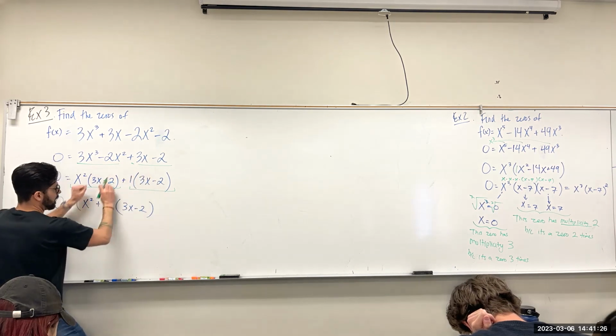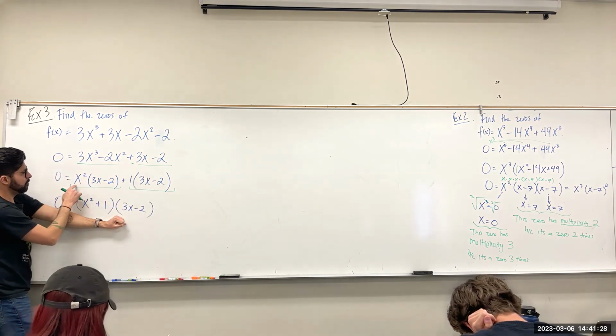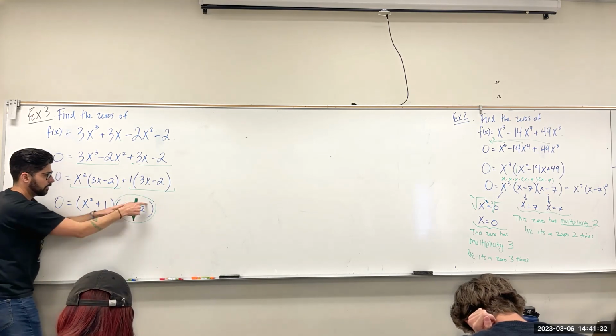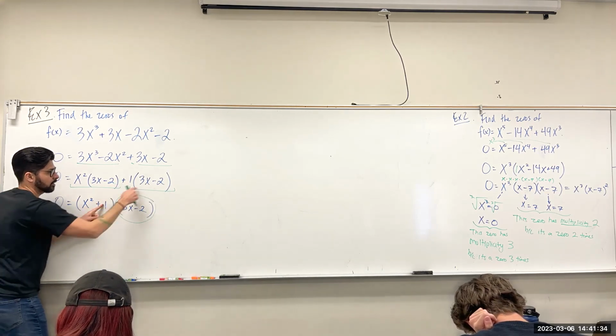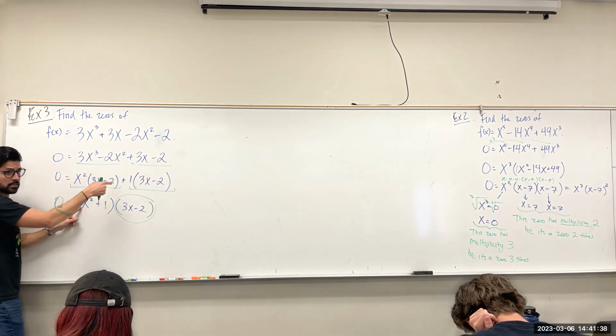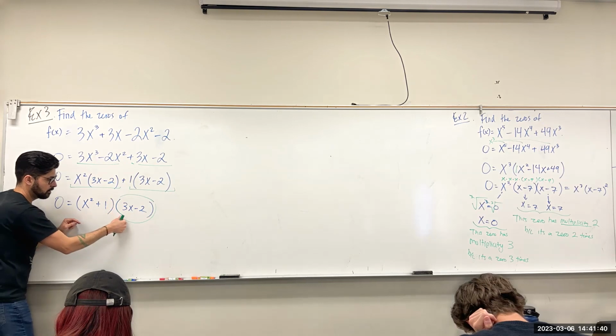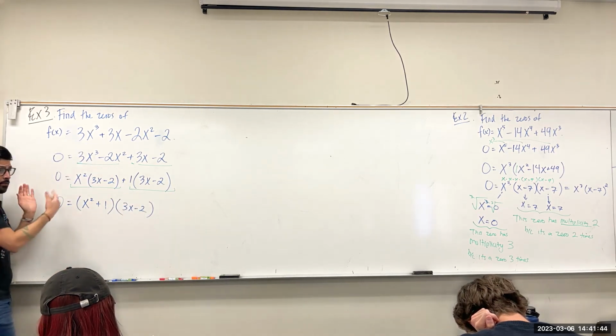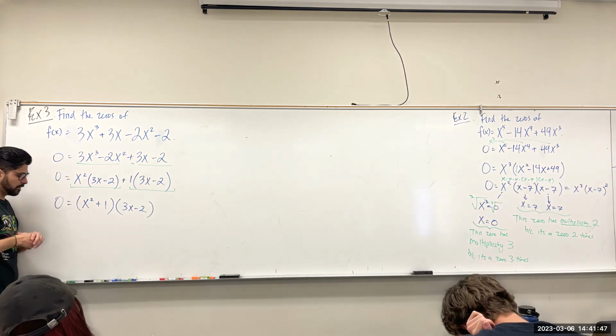So you factor it out and you're left with x squared plus 1. Notice that if I multiply this whole thing with the 1, that's what this is. If I multiply this whole thing with the x squared, that's what this is. But now it let me factor it.